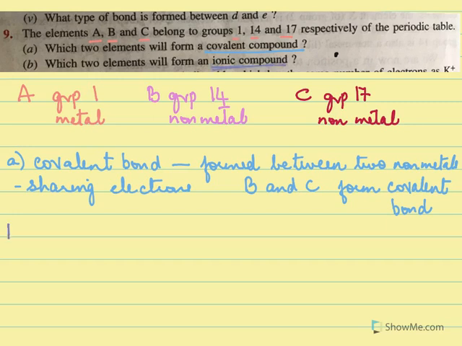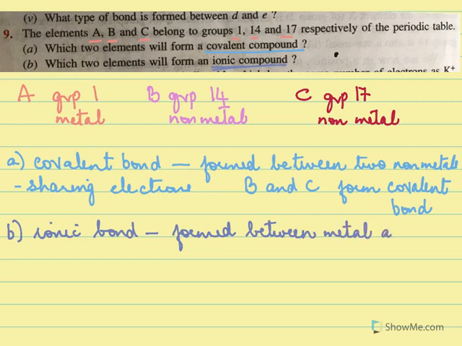Now who forms ionic bond? Now ionic bond is formed by transfer of electrons. An ionic bond is formed between a metal and a non-metal, because a metal will lose electrons and a non-metal will gain.